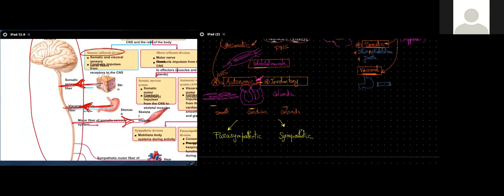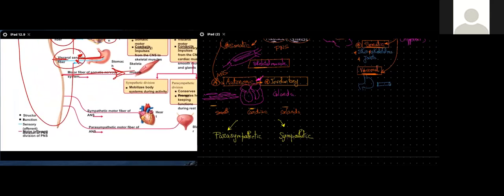We subclassify the sensory division of the nervous system according to where you're getting the sensations from. Are you getting the sensations from skin, skeletal muscles, or joints? This is going to be somatic sensory nerve fiber. If you're conducting sensory impulses from visceral organs, the fiber here is going to be a visceral sensory nerve fiber.